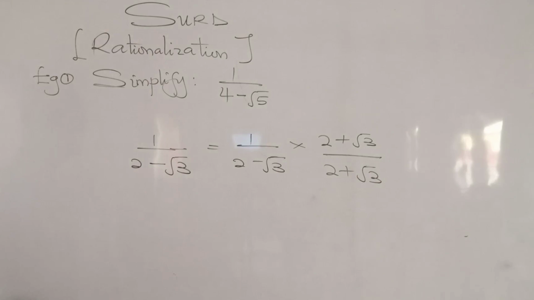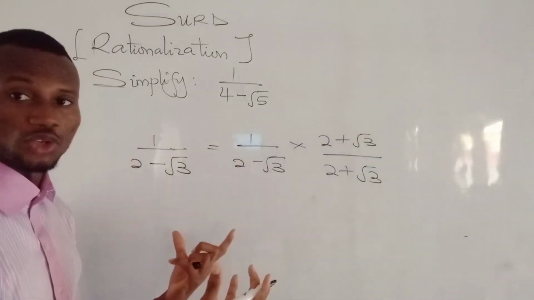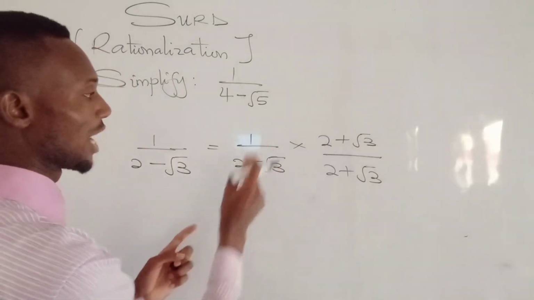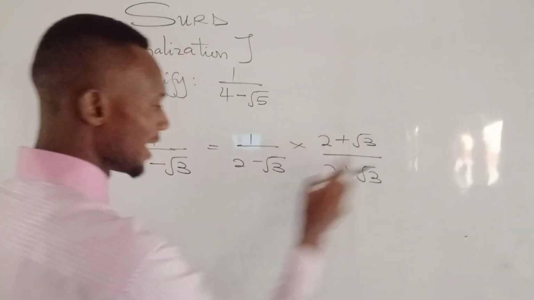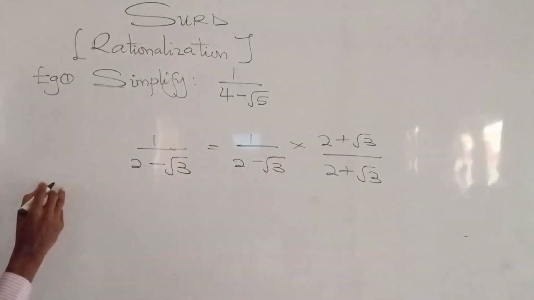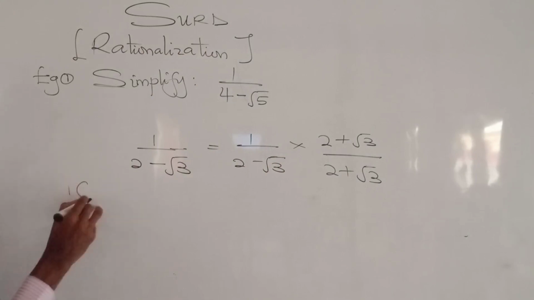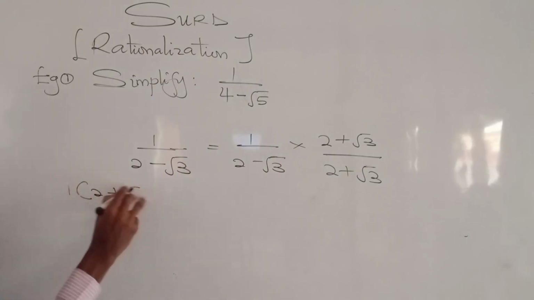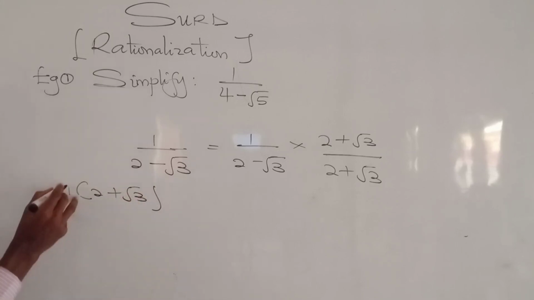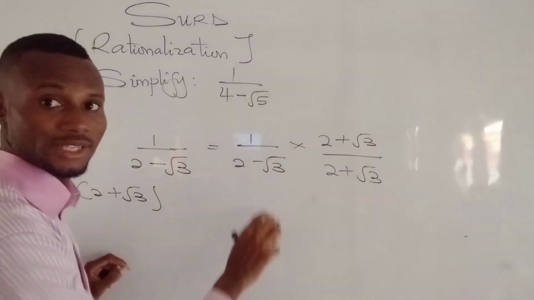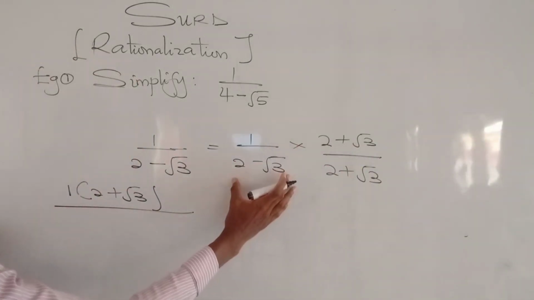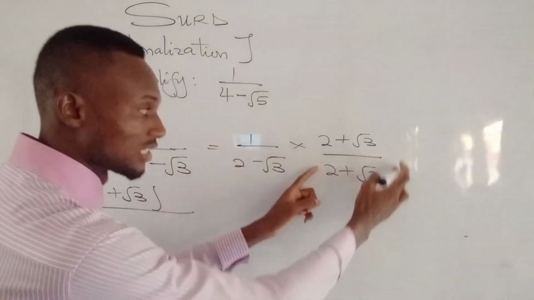So now the next step is that we have to multiply what you have there. The numerators will multiply and the denominators will multiply as well. We are going to do our 1 times what we have here, and this 2 minus root 3 times what we have here. So I have my 1 into bracket 2 plus root 3, because the bracket means multiplication, all over the whole of this term multiplying the whole of this term.